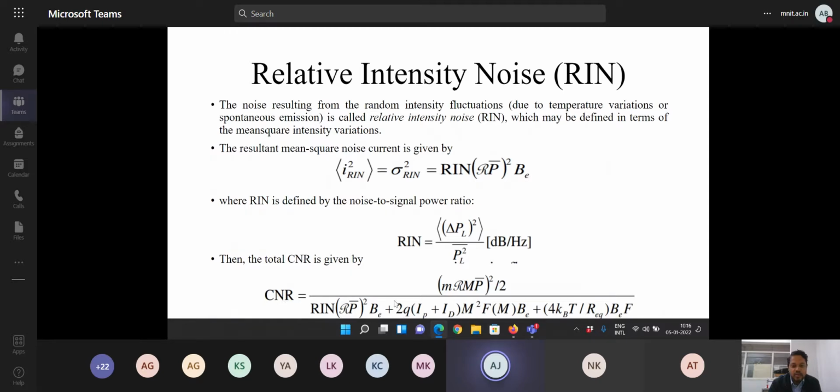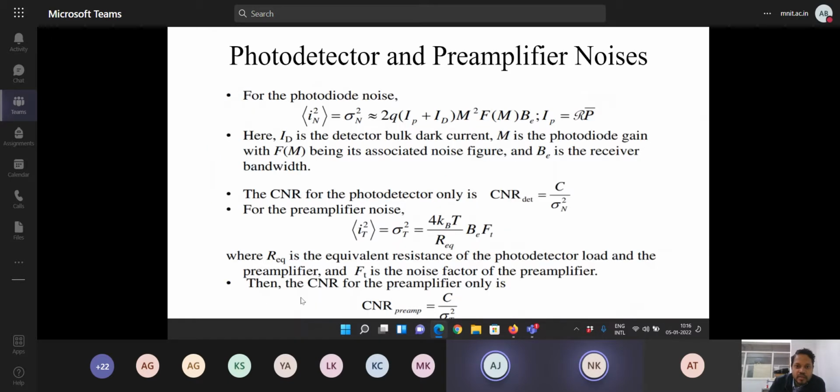So in the denominator, what you see is the sum of the three mean square noise currents. Okay, you can see these expressions.